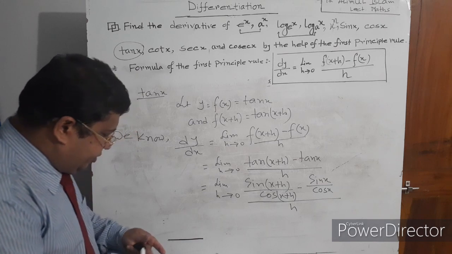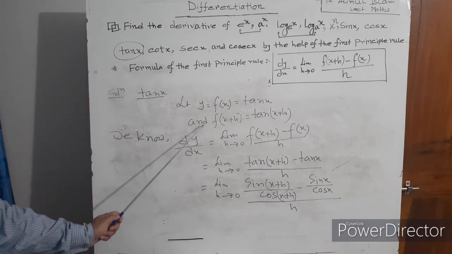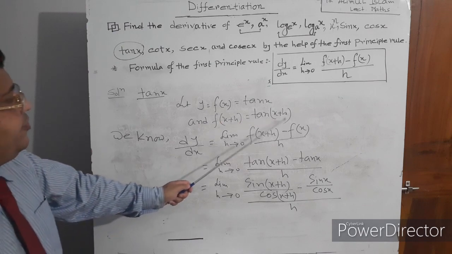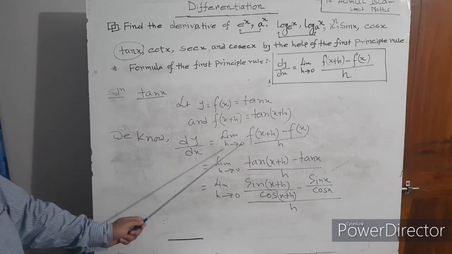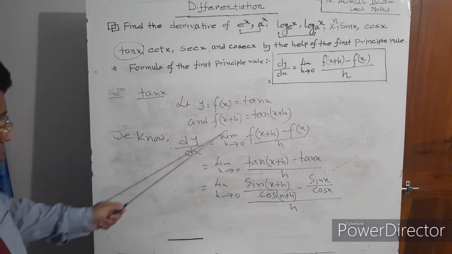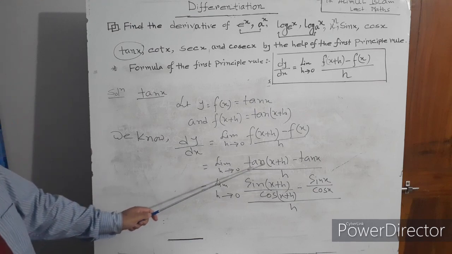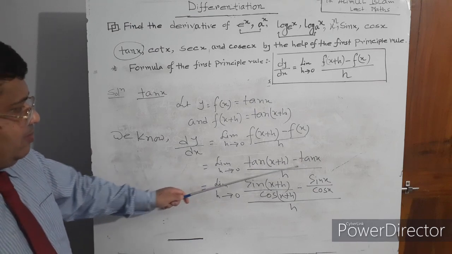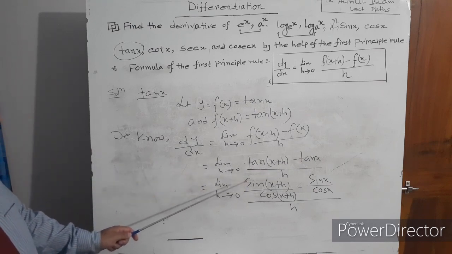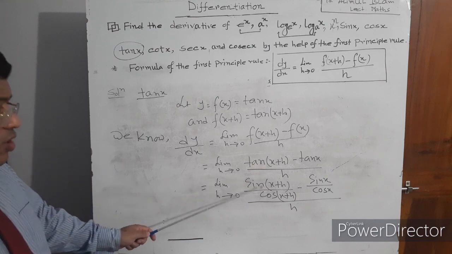My dear students, you follow this: function of x is tan x, function of x plus h is equal to tan(x plus h). We know the same system. This is the first principle law. Instead of function of h, I write tan(x plus h) minus tan x divided by h. You know tan theta is equal to sin theta by cos theta.